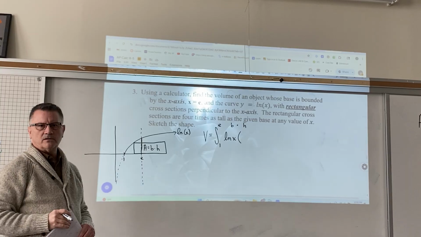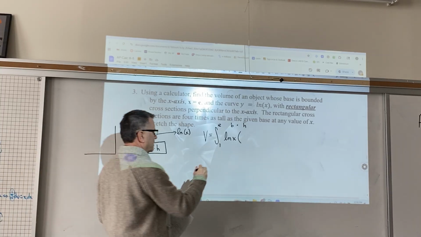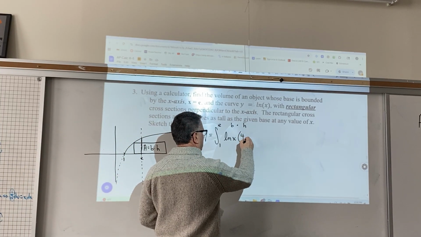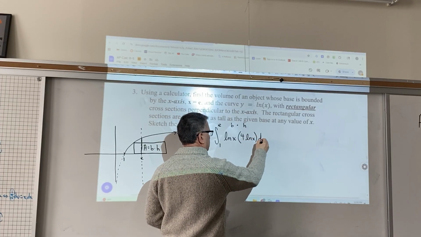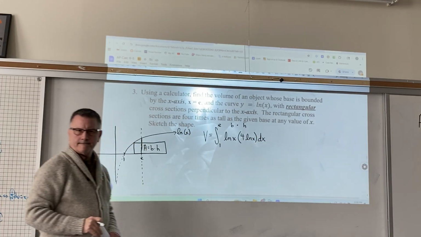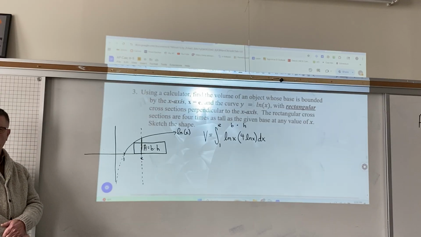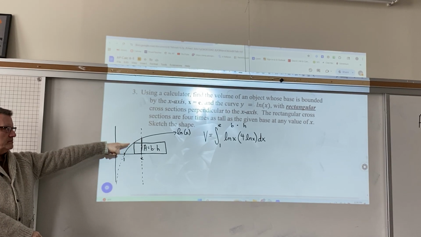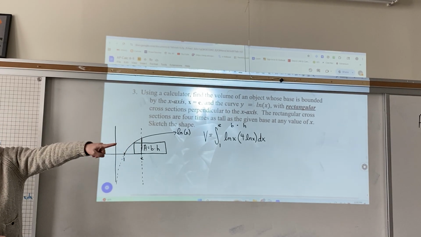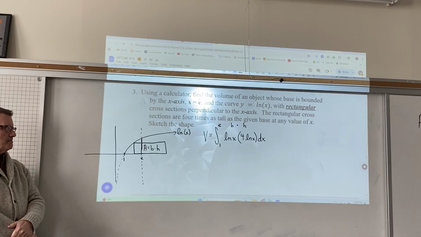Yeah, 4 times as tall as the base. So I think I've got the height is 4 ln x. Are we okay with that? The base is ln x going to the curve, and the height is 4 times whatever that was.